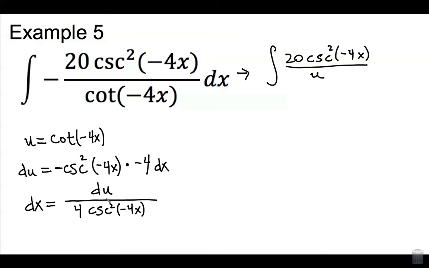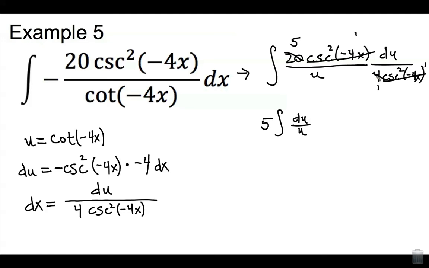Dx is now du over 4 cosecant squared of negative 4x. Cosecant squared of negative 4x reduces out to 1. 20 divided by 4 is 5. So now I have 5 times the indefinite integral of du over u.